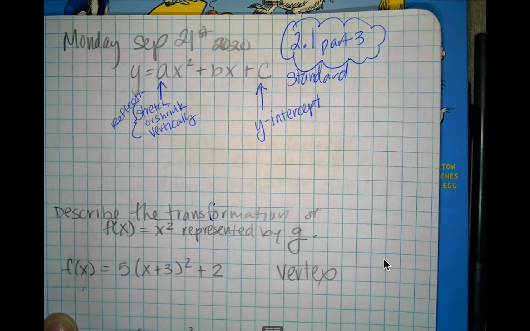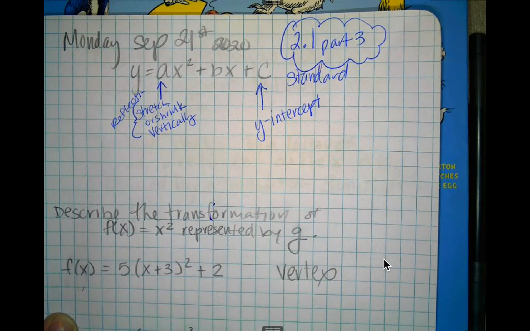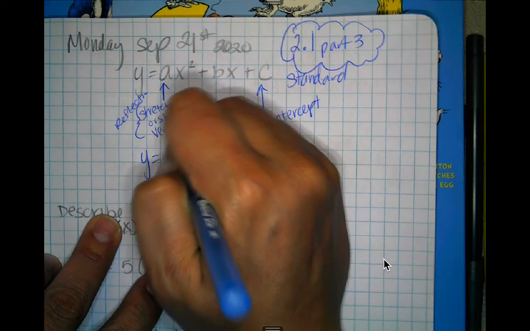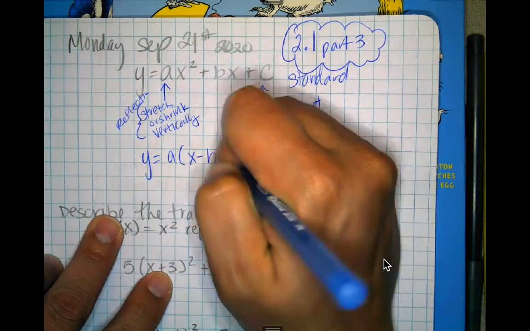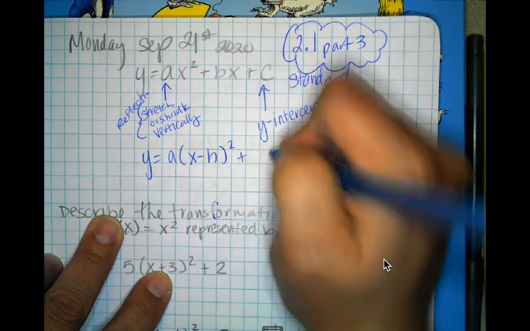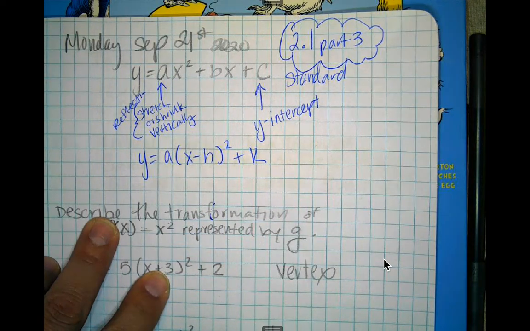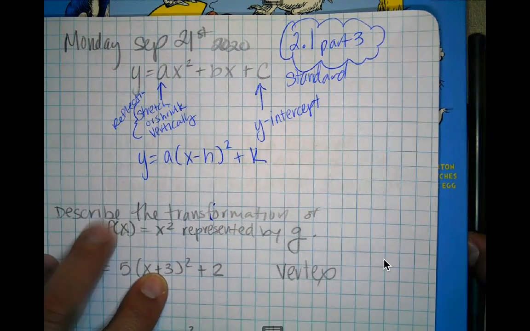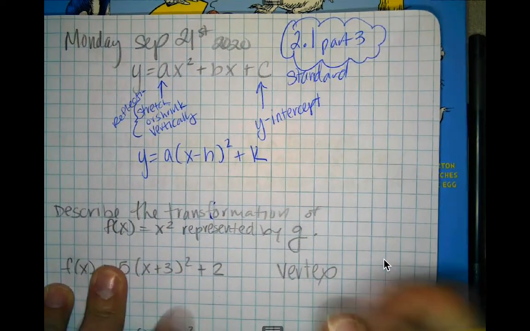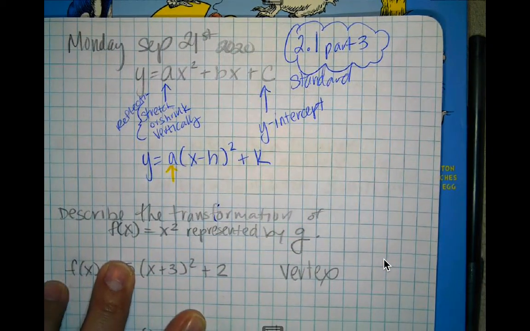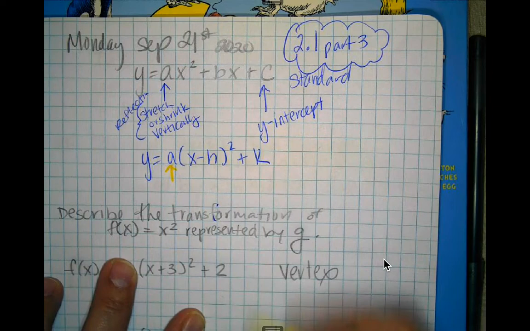Then there's also vertex form, which is y equals a times the quantity x minus h, squared, plus k. In here, this A is still a reflection and a stretch or shrink vertically.